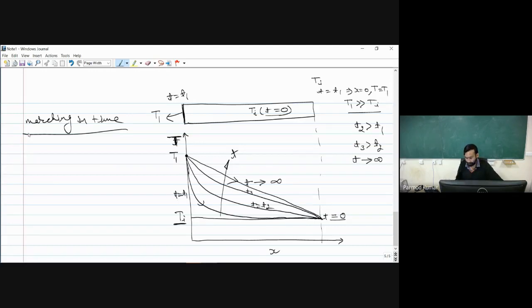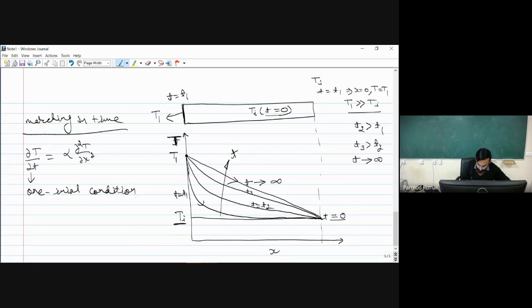Mathematically, we have del T by del t equal to alpha times del square T by del x square. It's a first order derivative in time, so we have to supply one initial condition to find the solution of this type of equation.